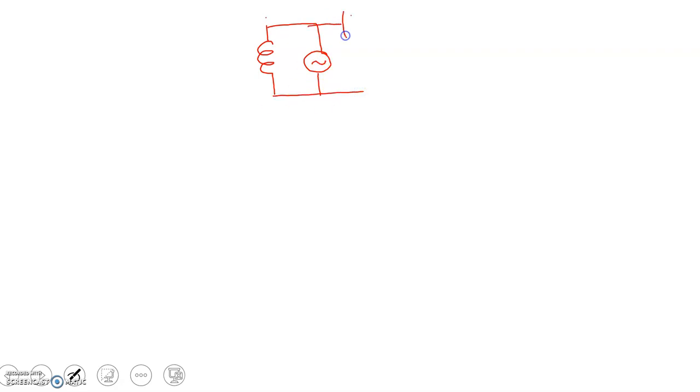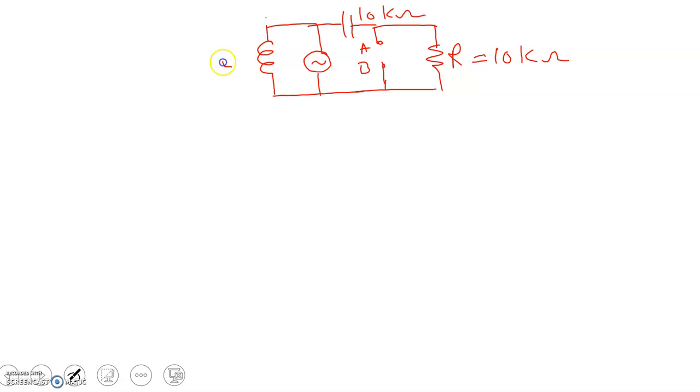Now this is connected to the capacitor and this is open circuited here, these 2 points are A and B, and then this is connected to this resistance R, which is equal to 10 kilo ohms. This is again 10 kilo ohms, and here it is 5 kilo ohm, and this is 5 angle 0 degrees.